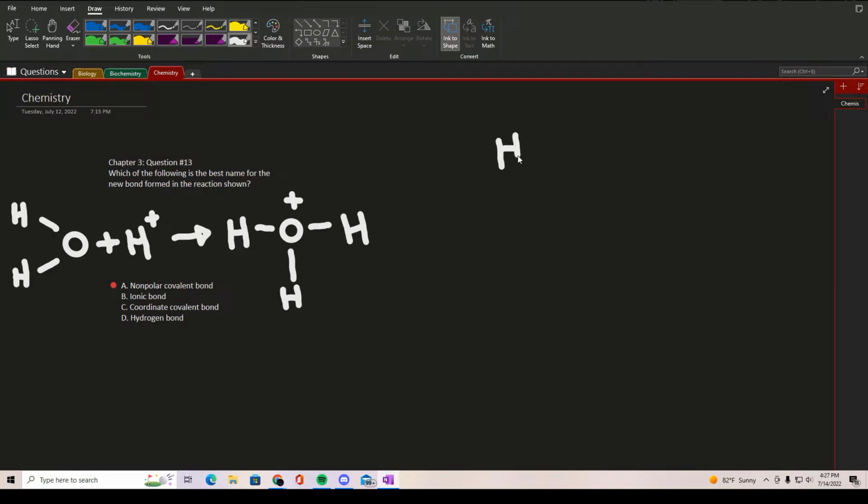So let's draw one of those bonds here. In actuality, there's 3 of these. Now, oxygen has an electronegativity of about 3.4, while hydrogen has an electronegativity of about 2.2. And so there's a huge difference in electronegativity here. It's about 1.2.